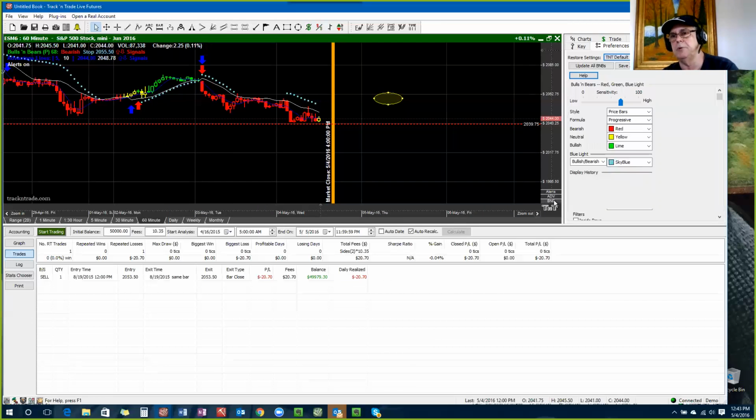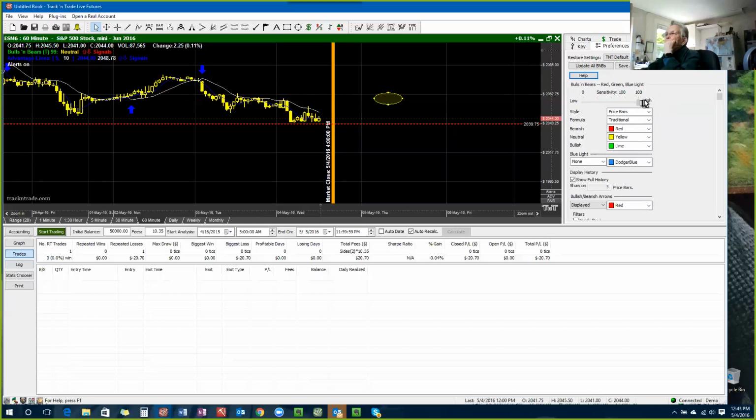You can do the same thing on bulls and bears. Lamb likes the 72 setting. That's the default, 72. Now you can slide them around and watch your bulls and bears change. Wow, that's amazing.